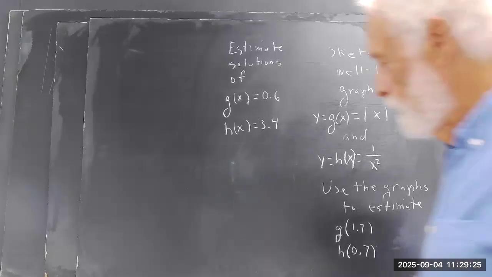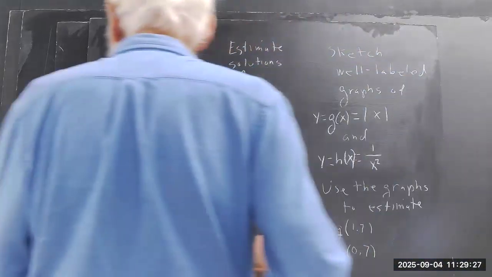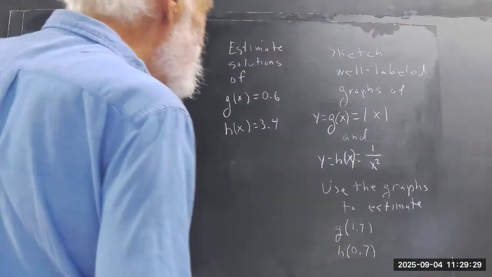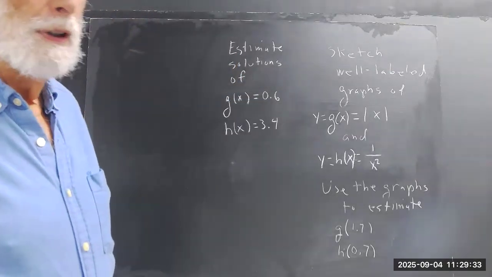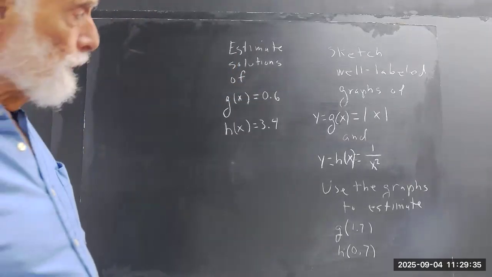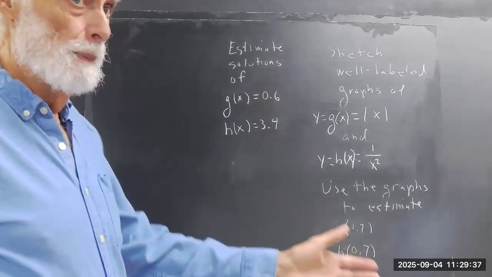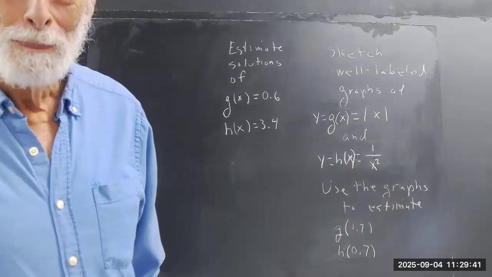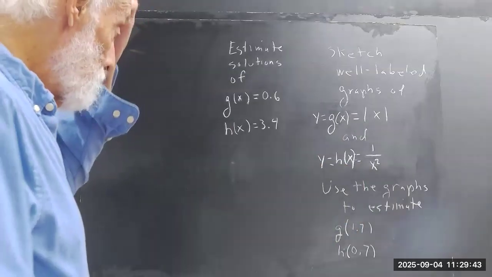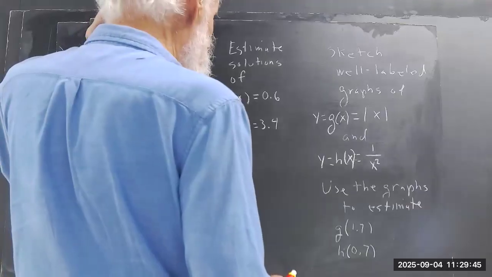Okay, we've got some problems that I asked you to do. After doing the assignment on toolkit functions, I was a little surprised people didn't know to make a table and then make a graph that fits the table. Some people knew to make a table.